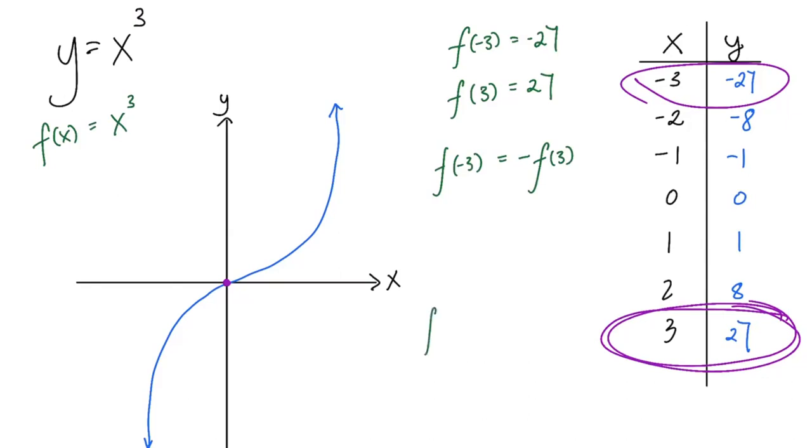So we see a general pattern right here. Therefore, let's make a generalized statement: if we negate the x value, what's happening to the y value? The y value is also being negated compared to the original function.